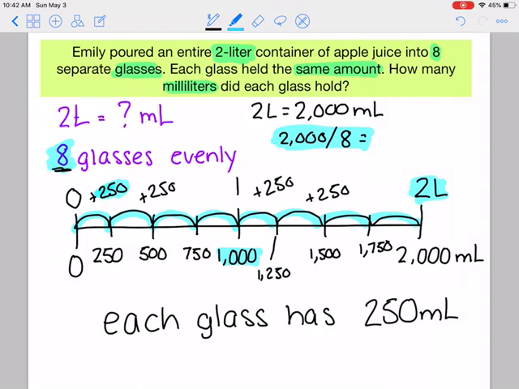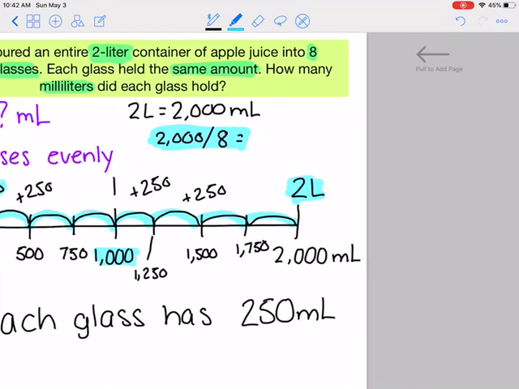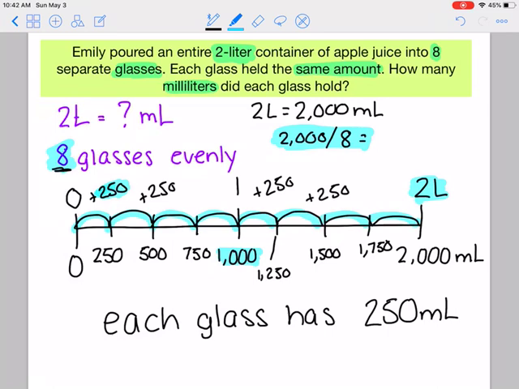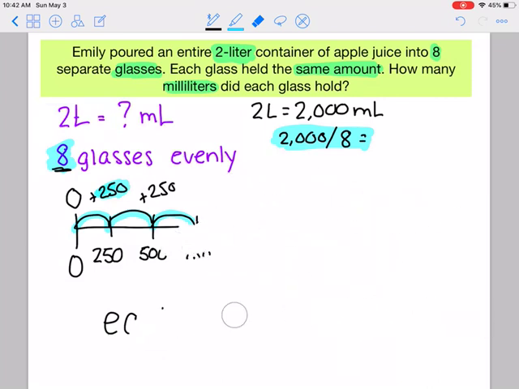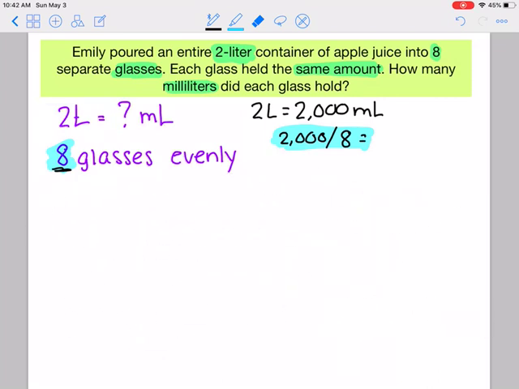Okay, so that is what we're going to do for right now. If you guys want, I can go over how to do 2,000 divided by 8. So let me just erase some of my work here in case you wanted to do that route or you wanted to just do the simple division. Now, we haven't really done 4-digit divided by 1 digit, so we'll do this one together.